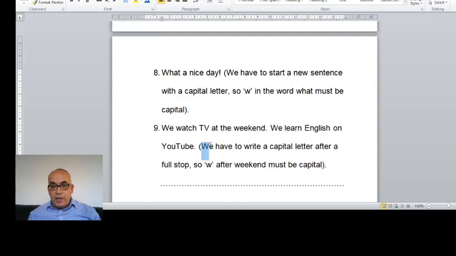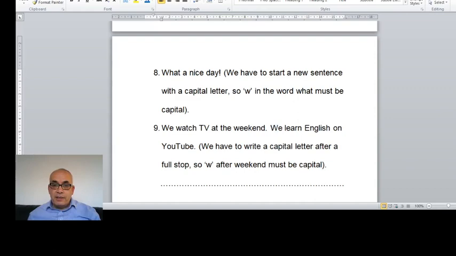Remember, we have to write a capital letter after a full stop. So the w after weekend must be capital. All the time after a full stop, we start with a capital letter.